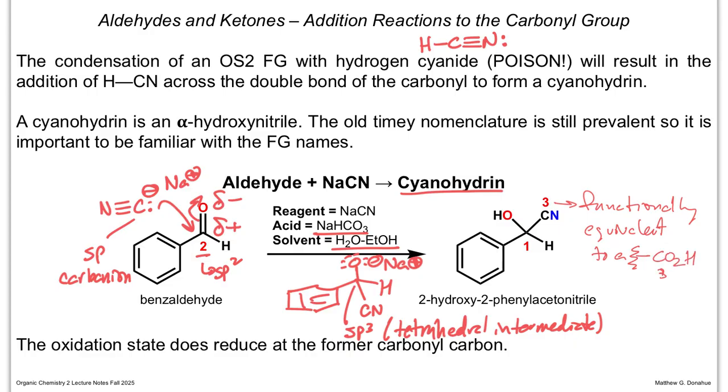So a nitrile is functionally equivalent to a carboxylic acid because that carbon is also at oxidation state 3. So a nitrile to an acid is a conversion that's commonly employed.